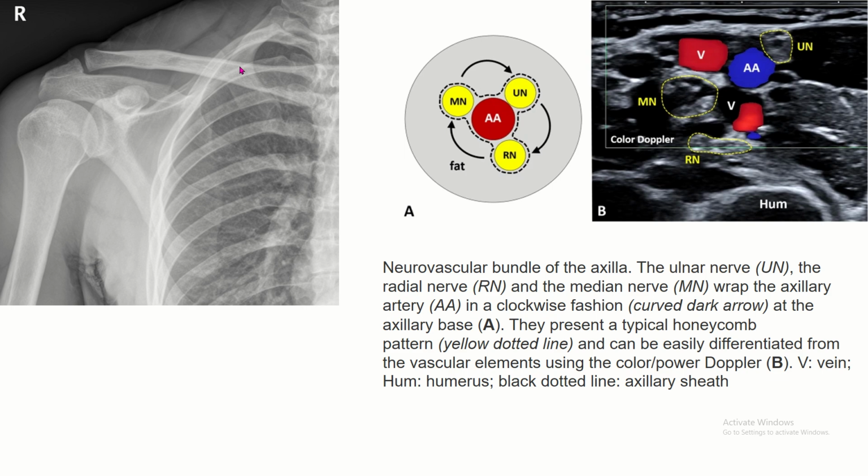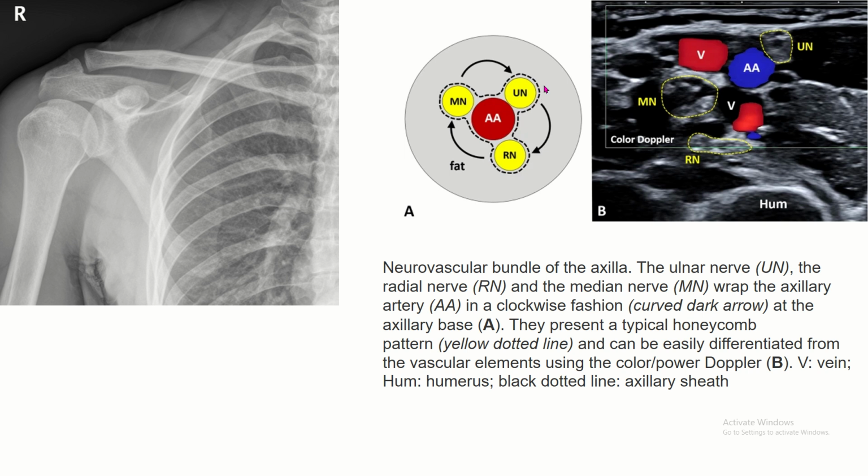So this is the axilla, the axillary region. This is the location of the axilla. In sonography, this is the location of the axillary artery, and here are the locations of the important nerves that arise from it.